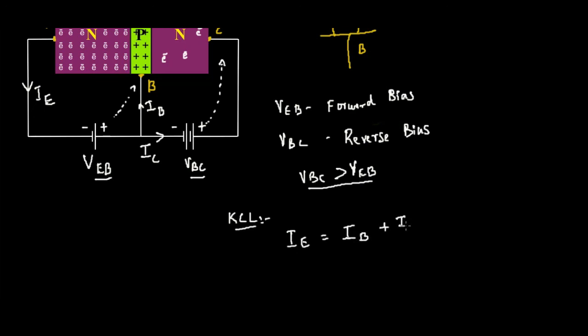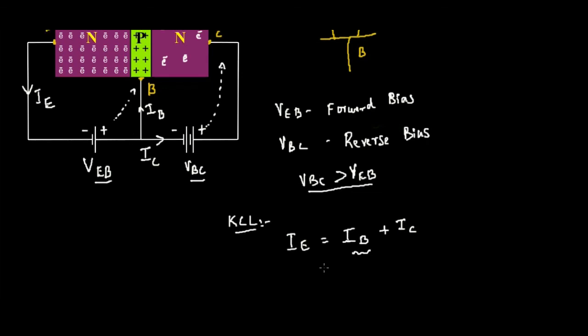Our duty is to keep this IB as minimum as possible. The duty of the base is to control the flow of charges from the emitter to the collector. That means to control the relation between IE and IC, right?